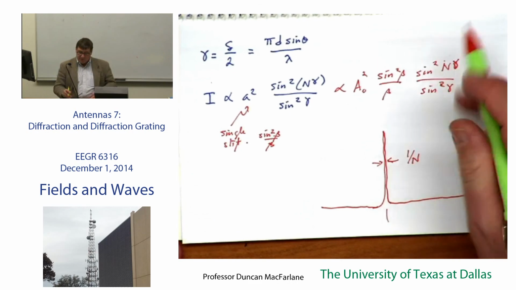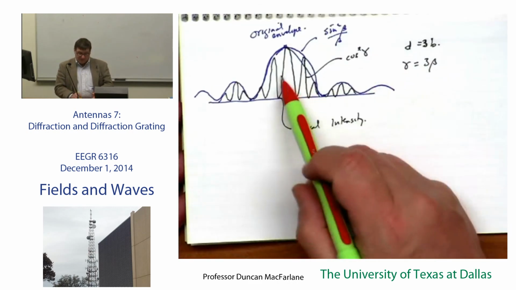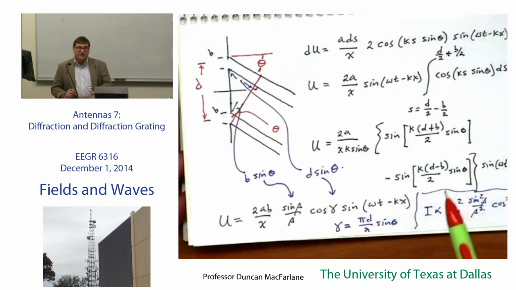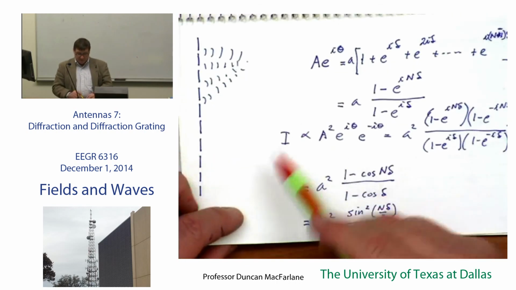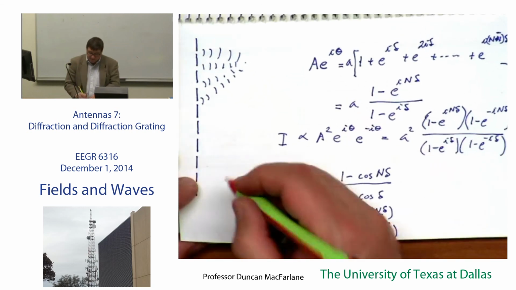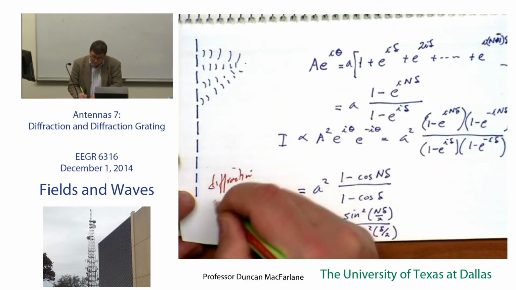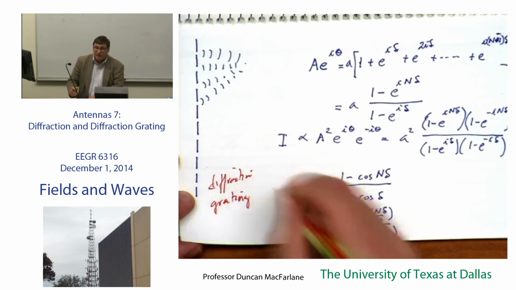So you can pump up this modulation term by adding lots and lots of these slits, and that device is called a diffraction grating.